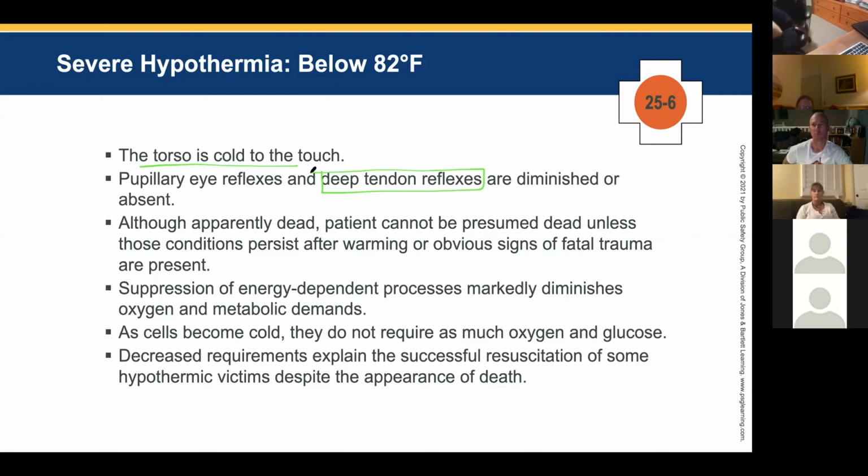If you've ever been to your doctor, they take that little hammer and they have you flex your knee and they bang your knee, and you jerk your knee. That's an example of a deep tendon reflex.